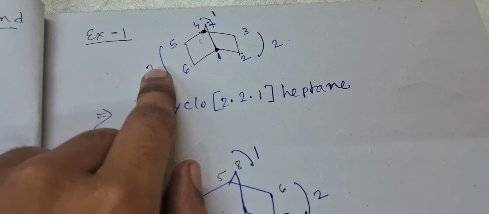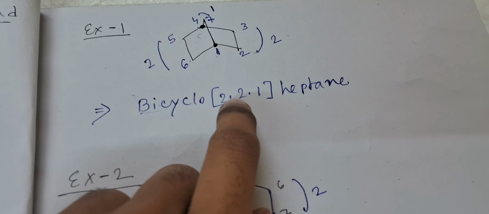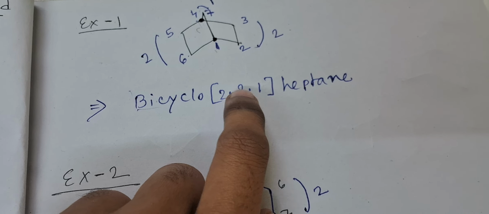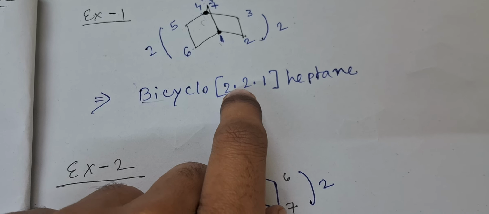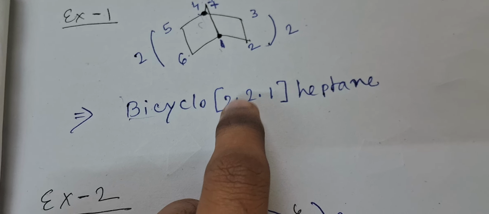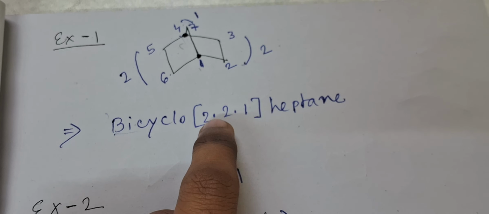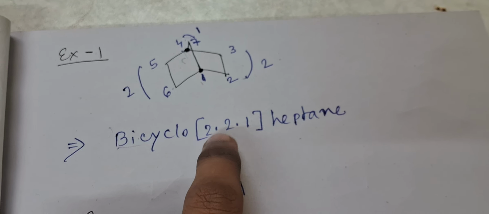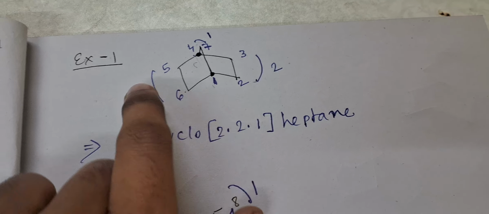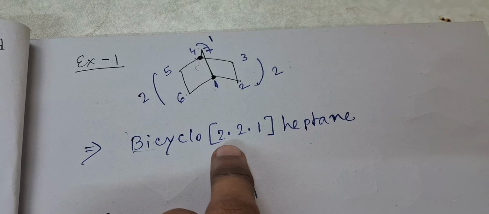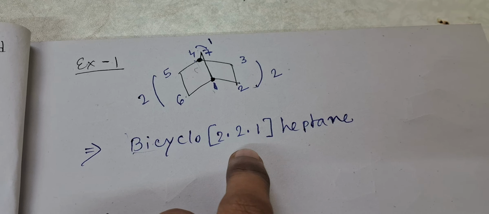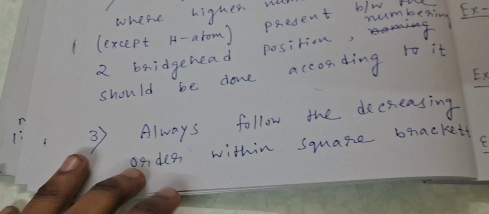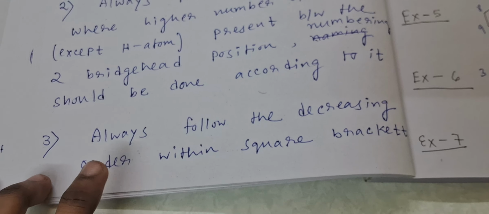Okay, so here 2 2 1, these 3 digits are present, and you need to insert the dot. This dot is very important. You cannot use any other symbol. You need to use this dot. Okay, so 2.2.1, and it is in decreasing order. Alright, it is in decreasing order, as the third rule says that you always follow the descending order.